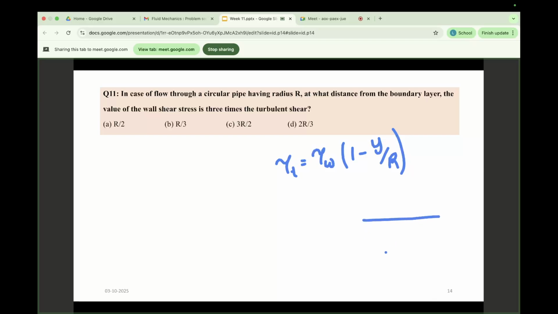So basically, if this is a flow through a circular pipe, here R is the radius, right?